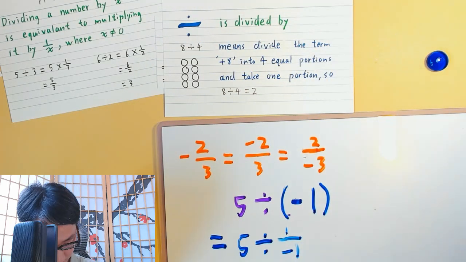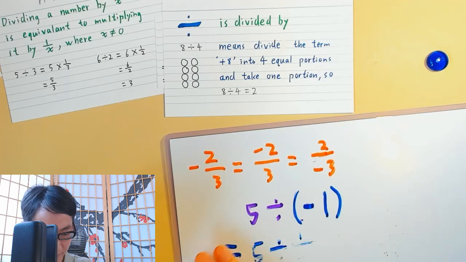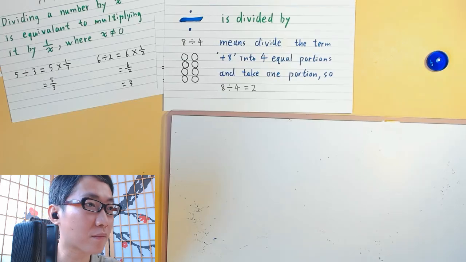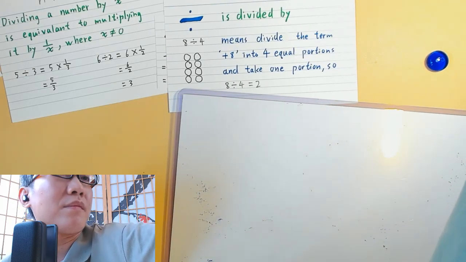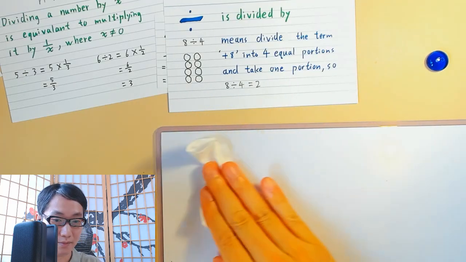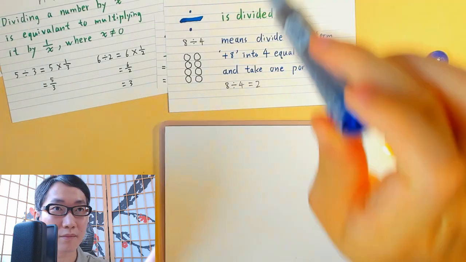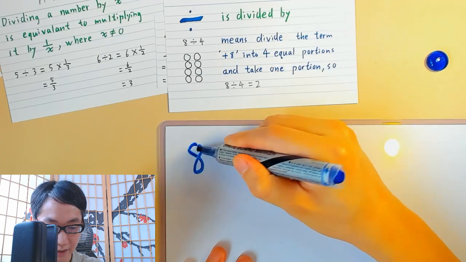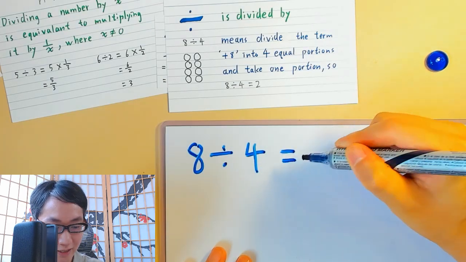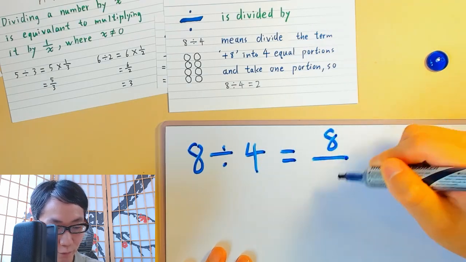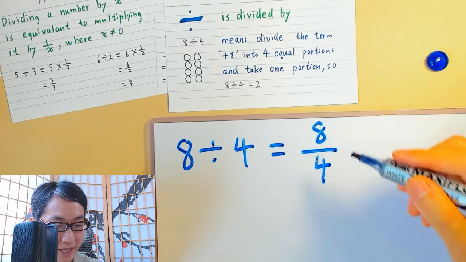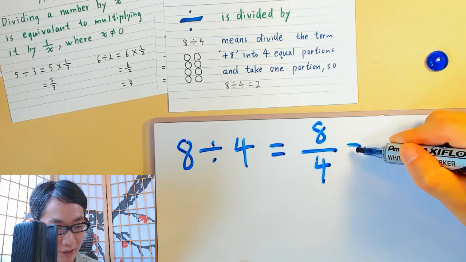In the division symbol, there are 2 dots, so the 8 becomes the upper dot and the 4 becomes the lower dot. So this means 8 divided by 4, and then we know that it is positive 2.